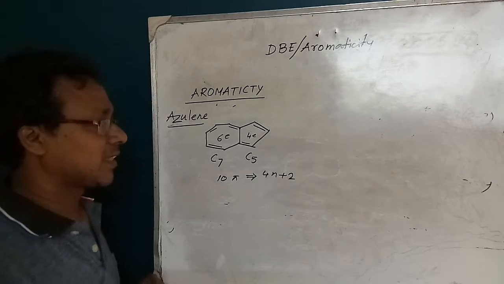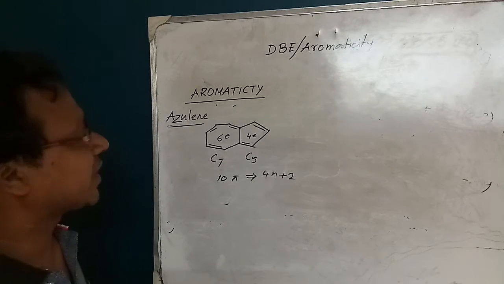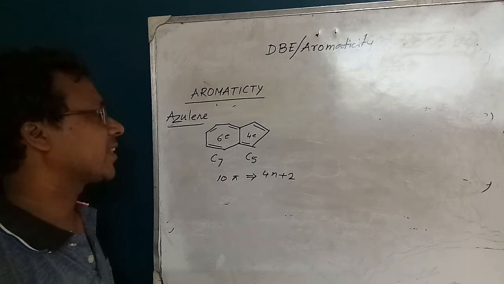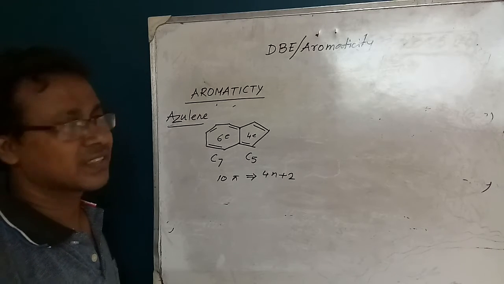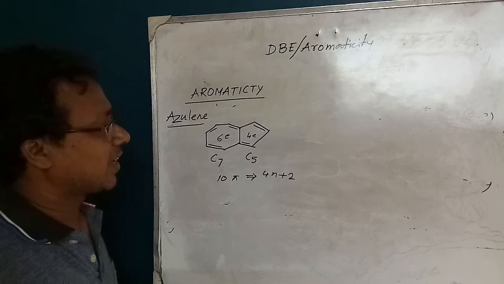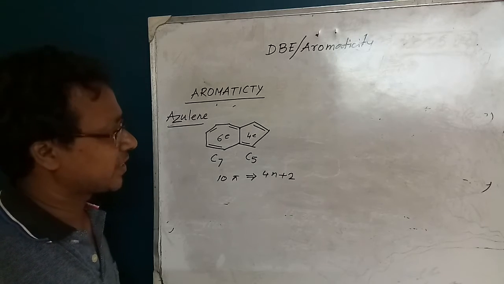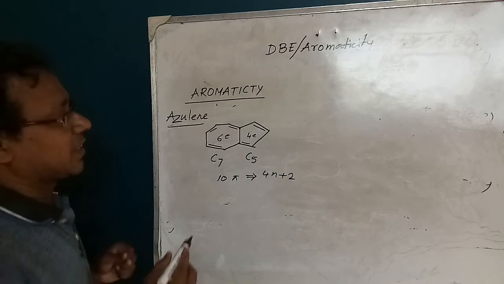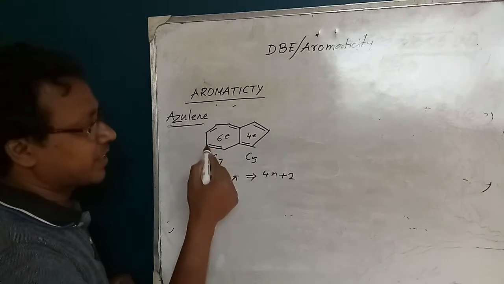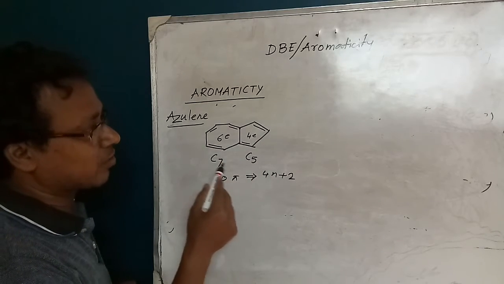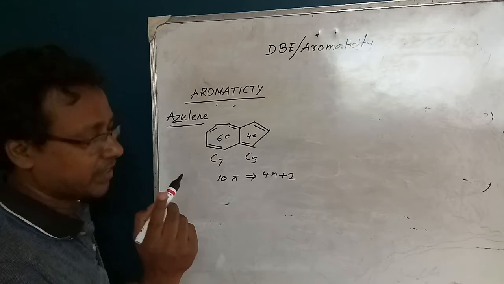But can we say whether it is aromatic or non-aromatic? Definitely it is aromatic. How will you know it? Here in the total system, the total number of pi electrons is 10, that's why it is aromatic.